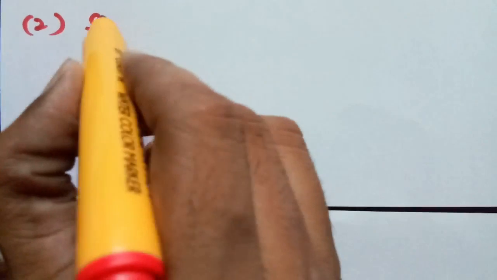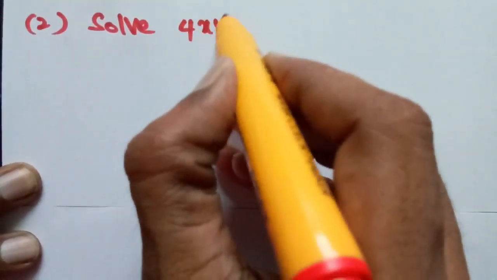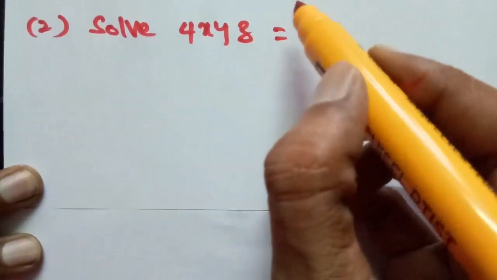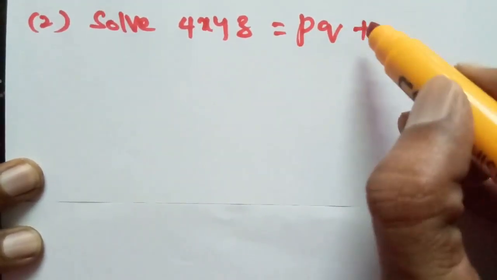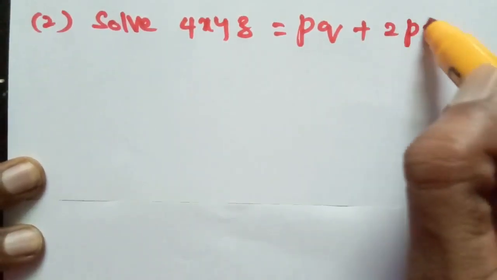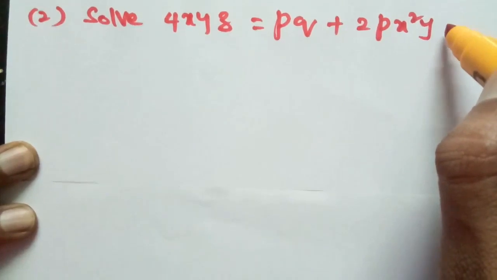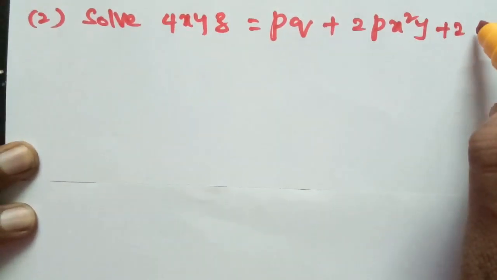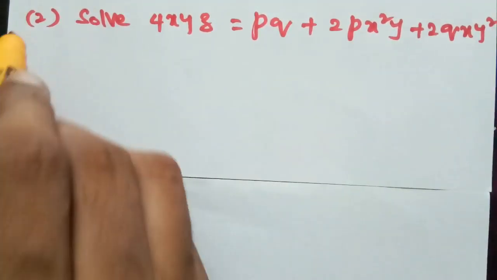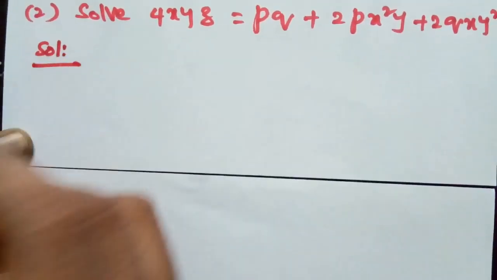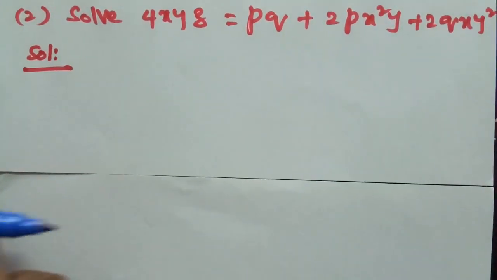Solve 4xyz is equal to pq plus 2p x square y plus 2q x y square. Now write down the given equation first.